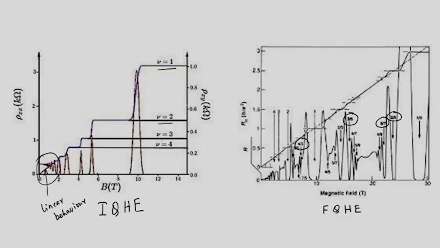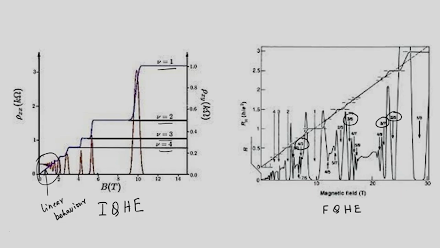In the Corbino disk picture, the Hall effect is perceived as a quantum pump, in which an electron is transferred from the inner edge of the disk to the outer edge, then 2 electrons, 3 electrons being transferred, and that forms the labels of the plateaus that we have indicated here as 1, 2, 3 and 4 and so on.